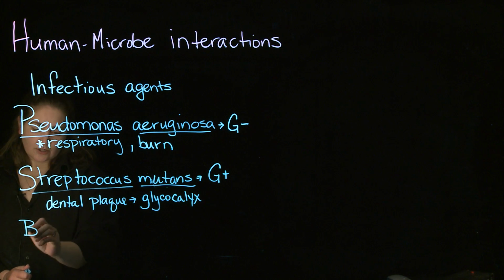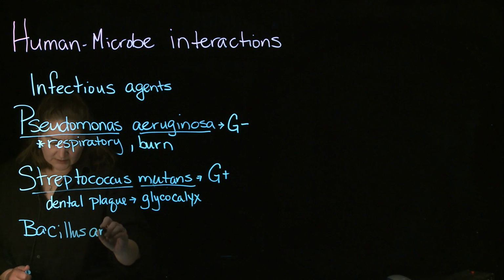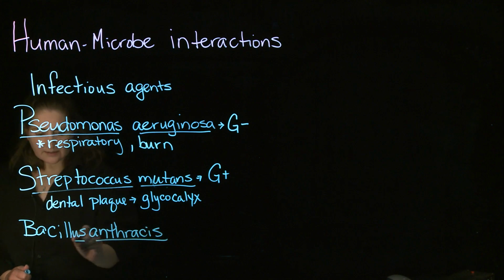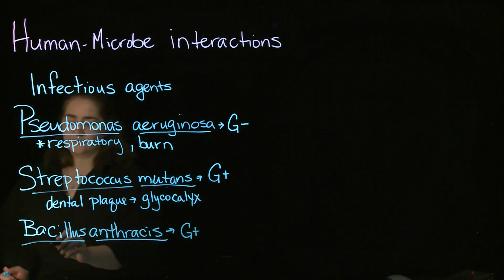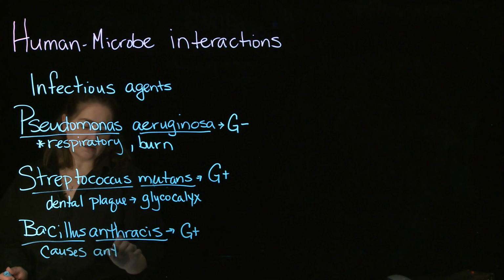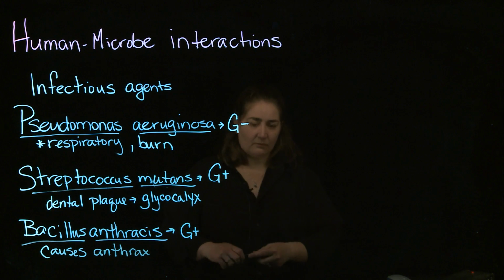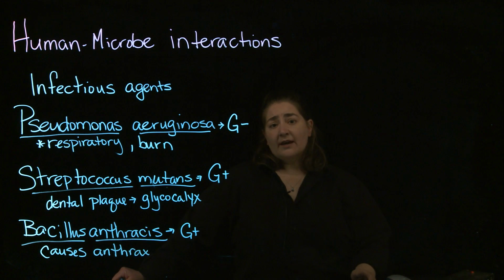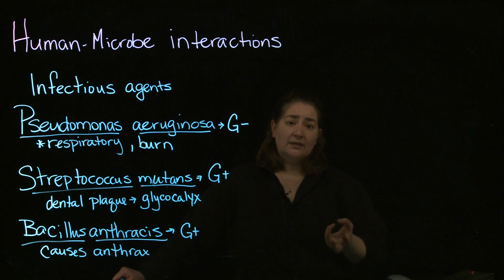Another one I want you to know is going to be Bacillus anthracis. This is going to be a gram-positive bacteria. This is the bacteria that causes anthrax. If you remember from when 9/11 happened, shortly after that there were a number of scares with anthrax as well, with people putting it in the mail.